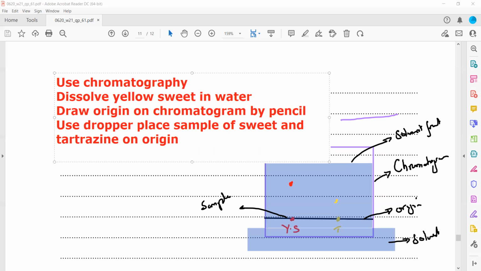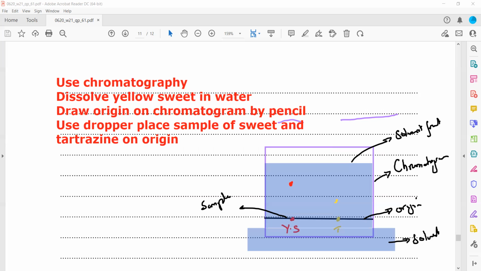Then we will use a suitable solvent and let the solvent rise to the top of the paper.